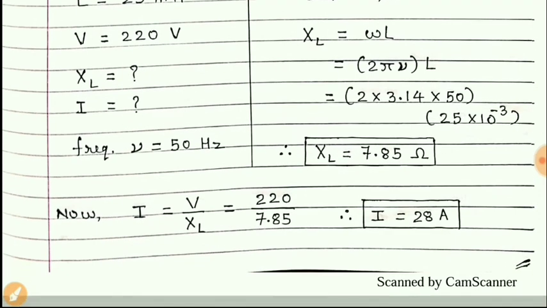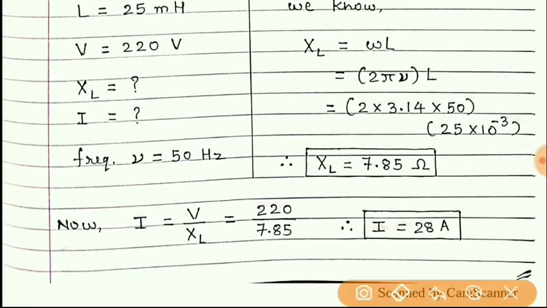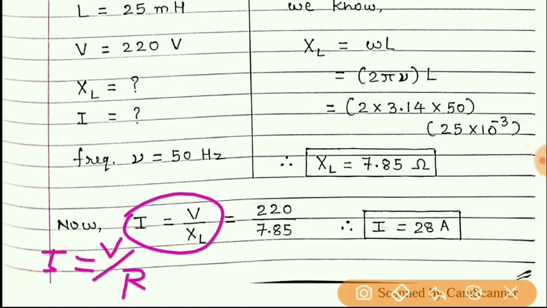Now RMS current capital I is equal to Vrms, that is capital V upon XL. Students, it is very simple to remember this formula. This is similar to Ohm's law. We know that according to Ohm's law we can write I is equal to V by R. But here, in place of resistance, it is the reactance of the inductor.